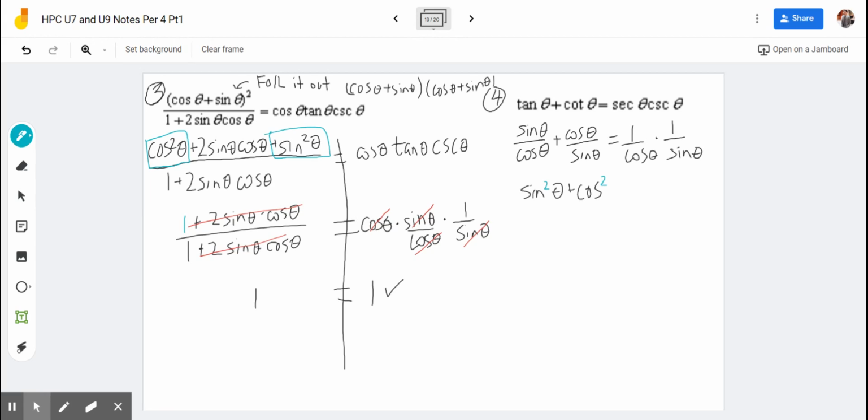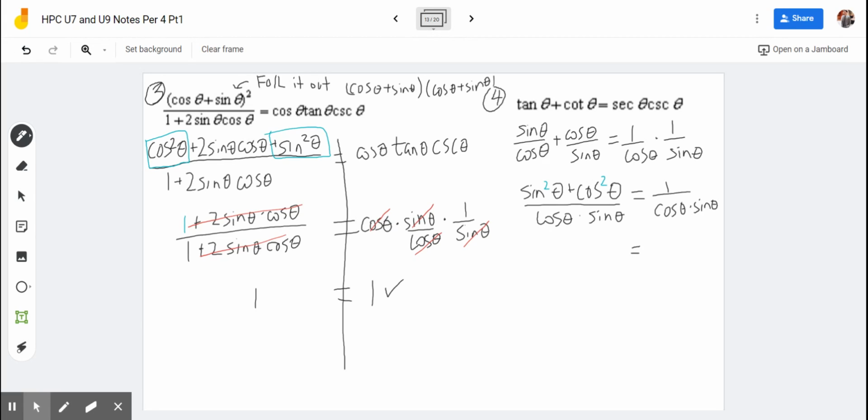Cos squared theta over cos theta times sine theta, right? Because we had to get our common denominator, equals 1 over cos theta times sine theta.